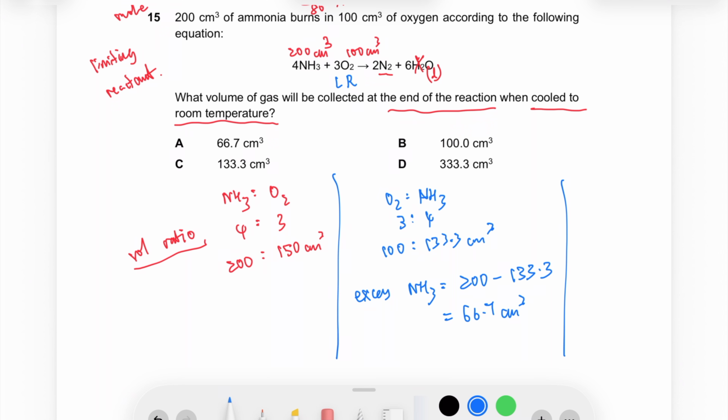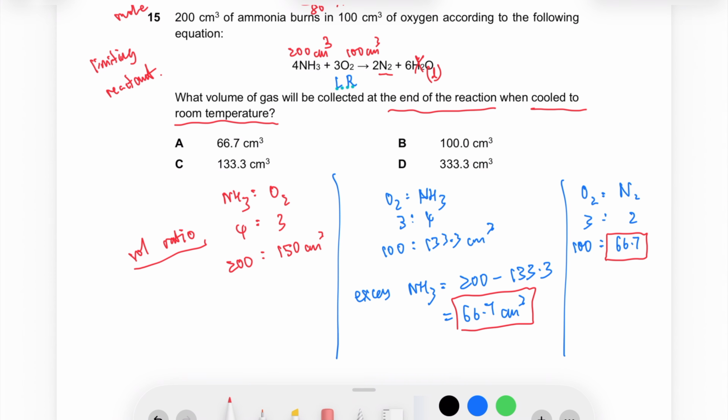Okay, so N2, so it's oxygen gas to N2 ratio 3:2. If 3 unit is 100 cm cube, 2 unit will be 66.7. Okay, so now you just need to add up this one and this one.